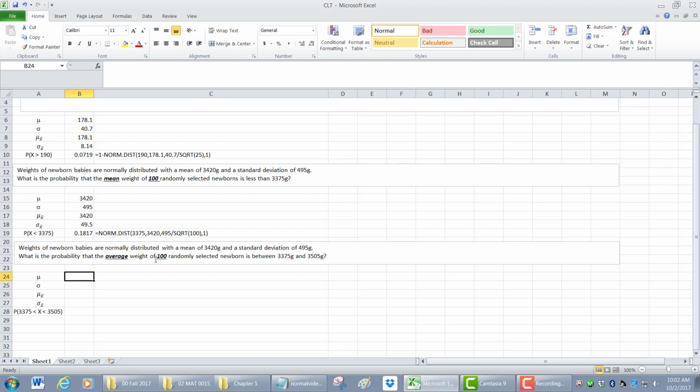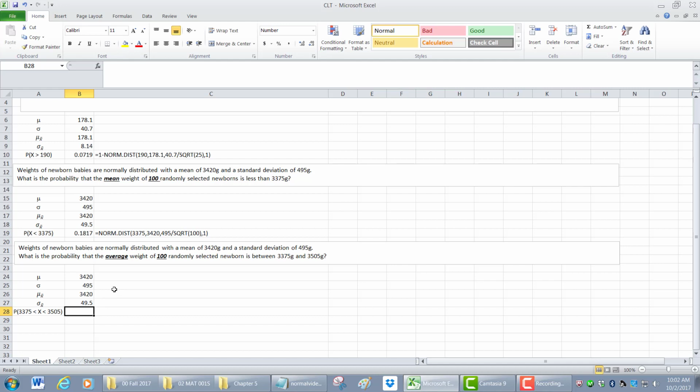And we can use it again because still the sample size is greater than 30, and we've also got a normally distributed population. So we've got 3420 as the mean of the sampling distribution again, and once again to get the standard deviation of the sampling distribution, we take the original 495 divided by the square root of 100, which is the sample size.